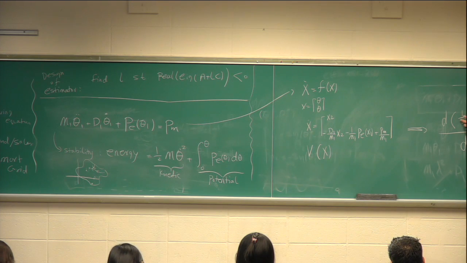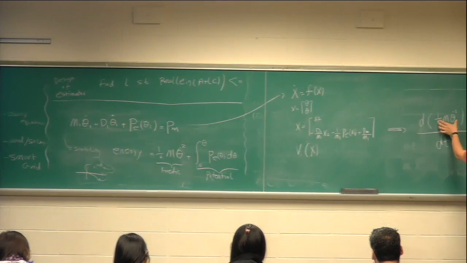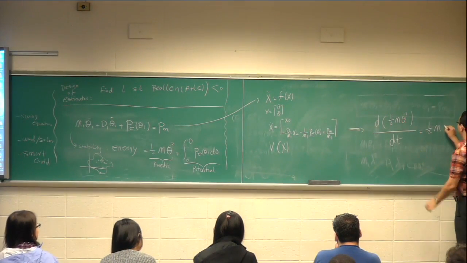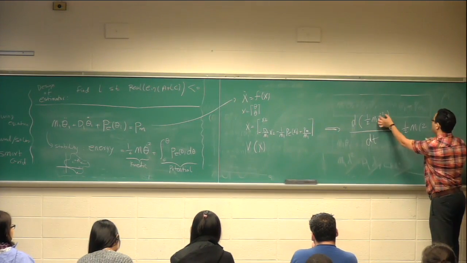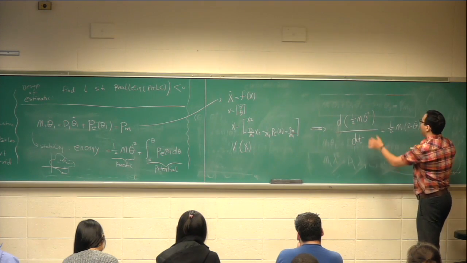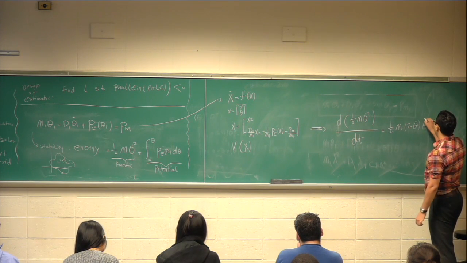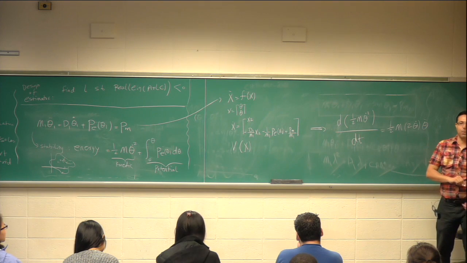So here is 1/2 m. The derivative of something squared is 2 times the derivative of the argument, and the derivative of the inside is going to be theta double dot. That's how it works.